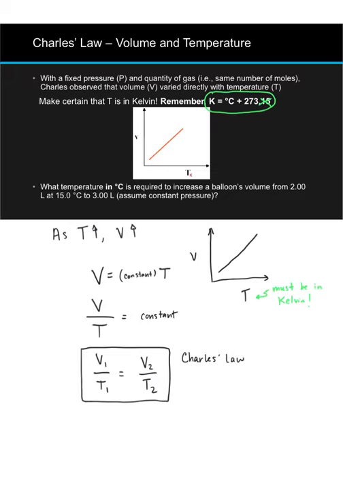So suppose that we'd like to know what temperature in degrees Celsius would be required to increase a balloon's volume from an initial value of 2 liters at 15 degrees Celsius to a final volume of 3 liters.